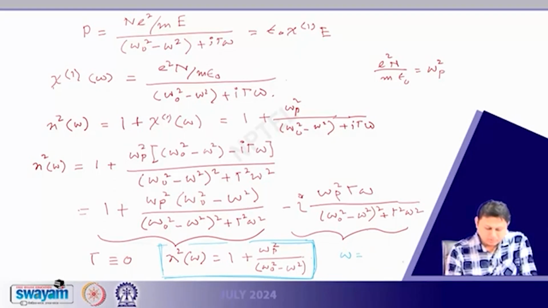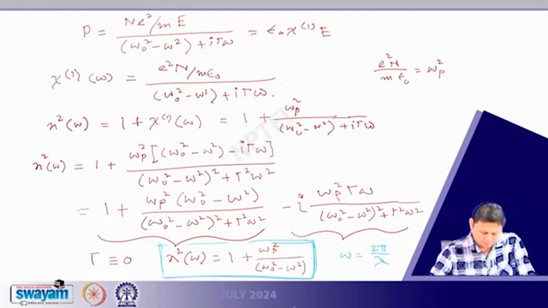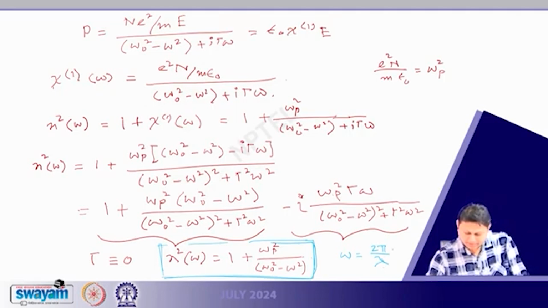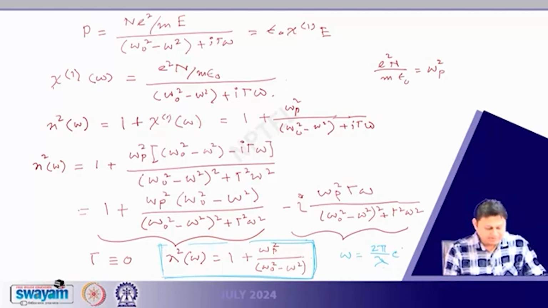Students, you can put omega as 2 pi c by lambda, and then whatever function of omega n was, it becomes a function of lambda.